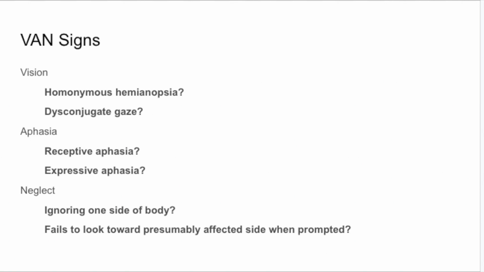For vision deficits, specifically, we'll look for any homonymous hemianopsia. This is when the vision is lost in either the left or the right visual field in both eyes at the same time. Disconjugate gaze is also a visual finding that is concerning for LVO.